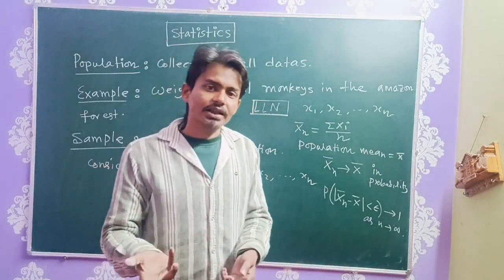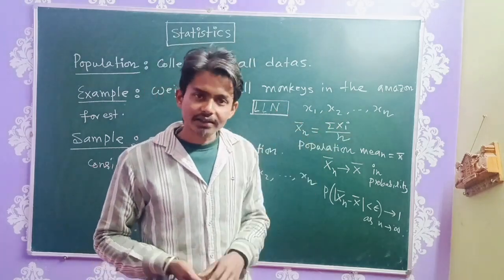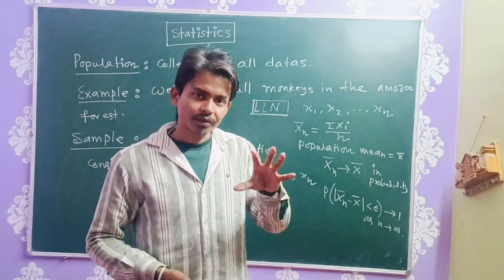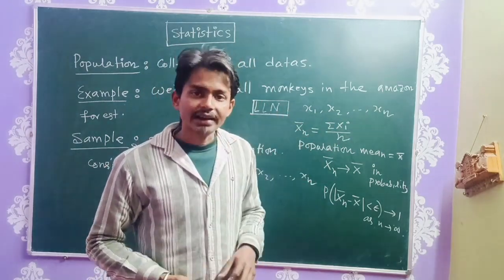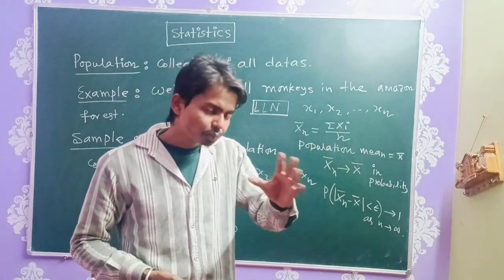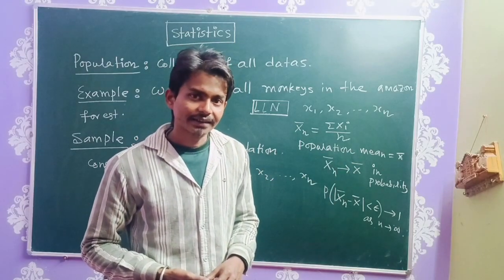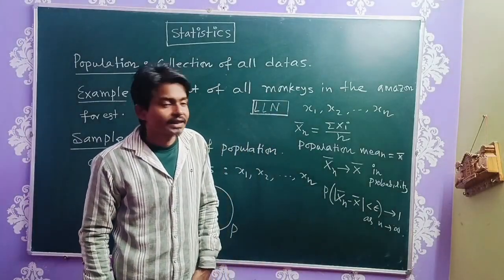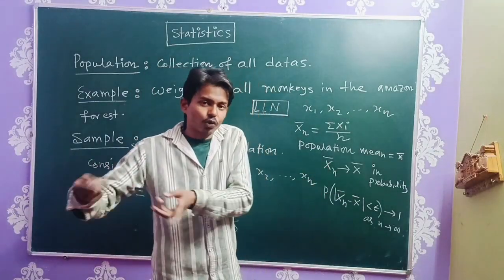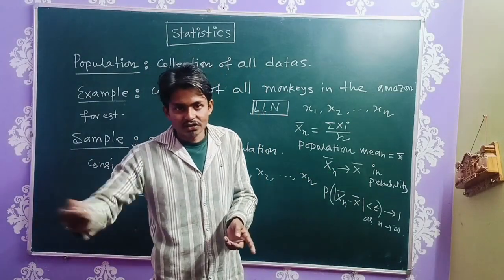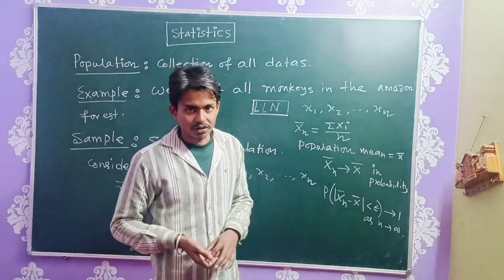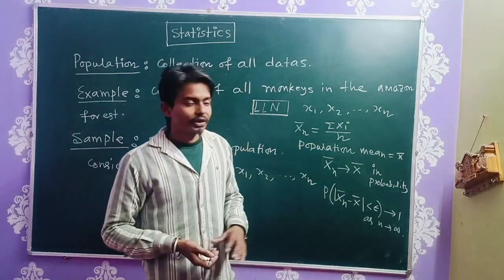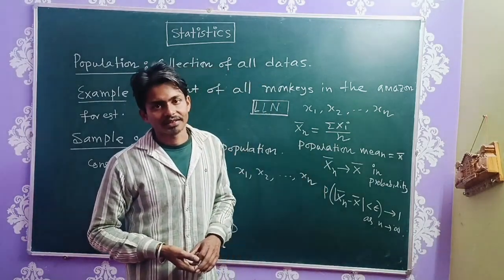If you consider a sample from a population and calculate the mean of the sample, then that mean tends to the population mean with high probability. You cannot say it directly like convergence of a real sequence to a number, where we do not use the concept of probability, but here we have to express it in terms of probability.